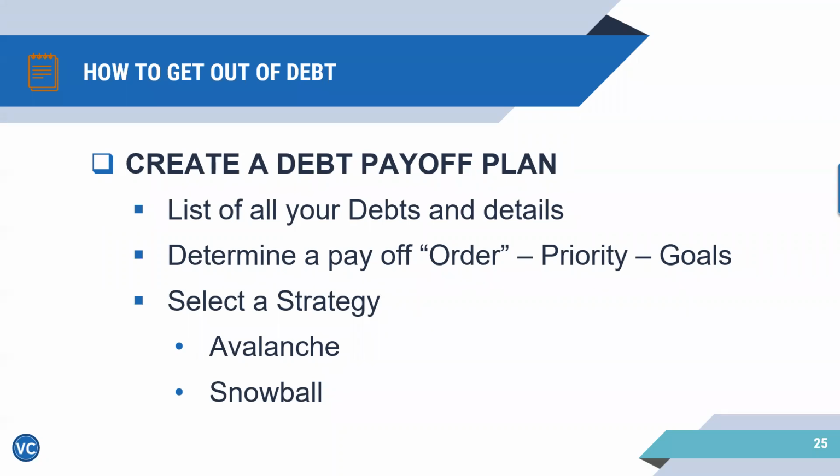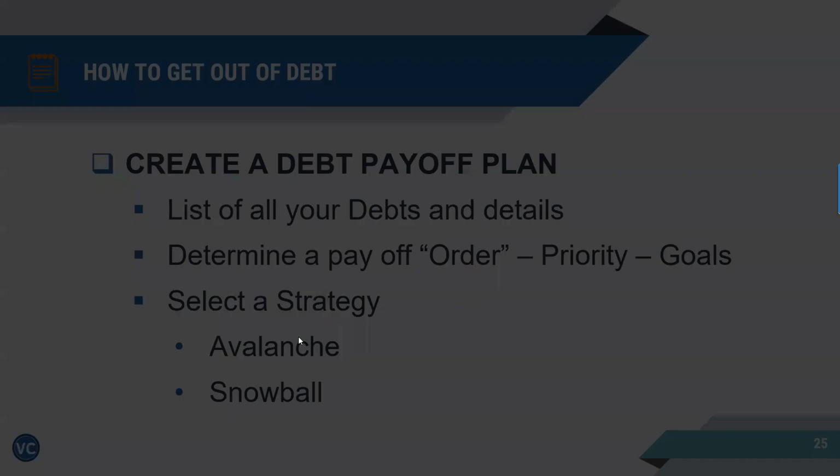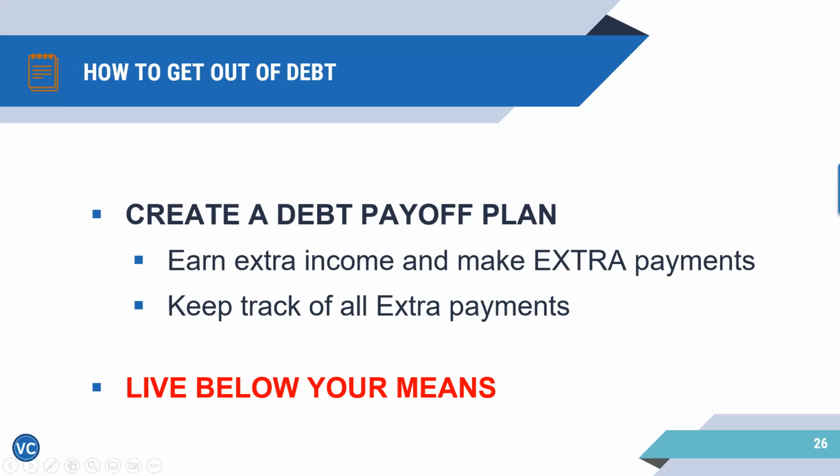Avalanche focuses on paying off the highest interest debt first because you pay less in interest. Snowball typically focuses on using the balances as a key. So you pick the smallest amount, pay that off so that it gives you momentum. Or you can use a combination of the two. There are many YouTube videos, podcasts and articles that you can read about these two strategies to see how you can implement them.